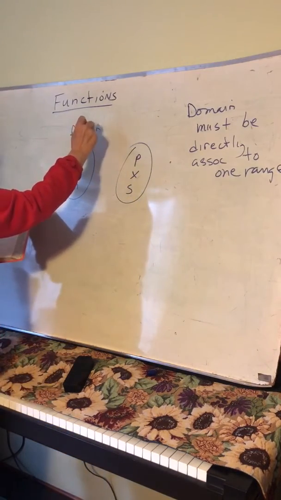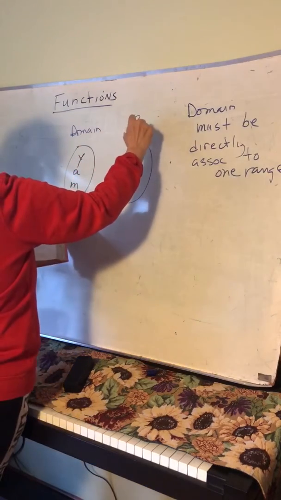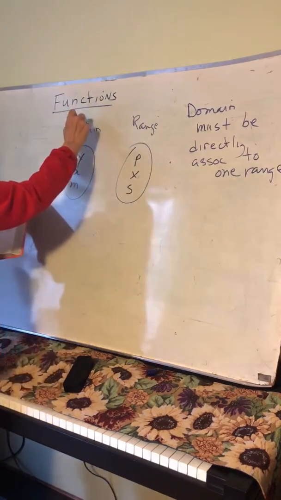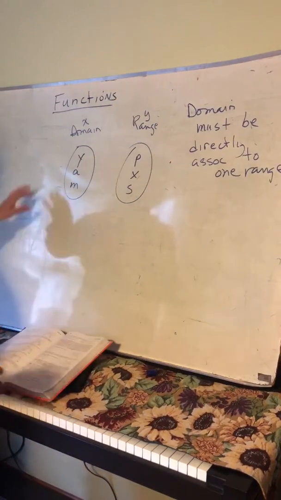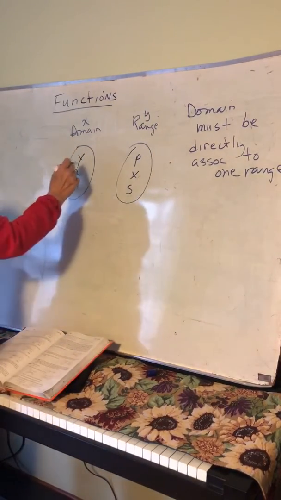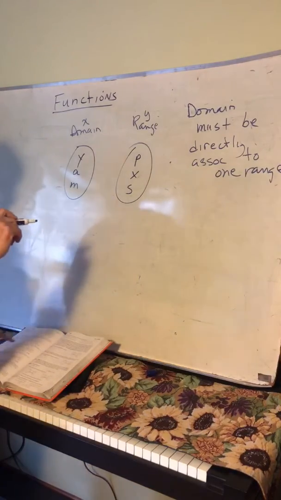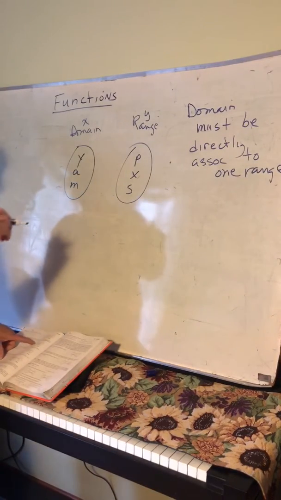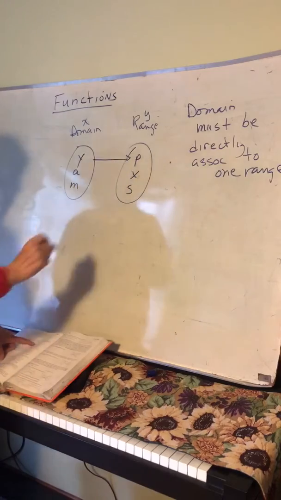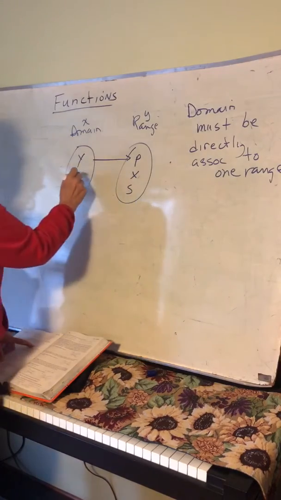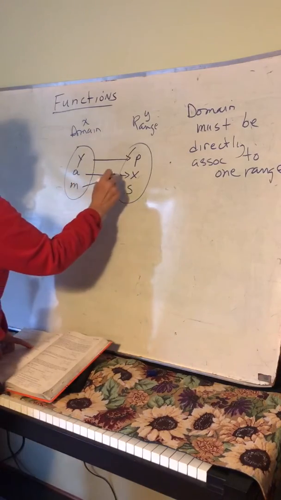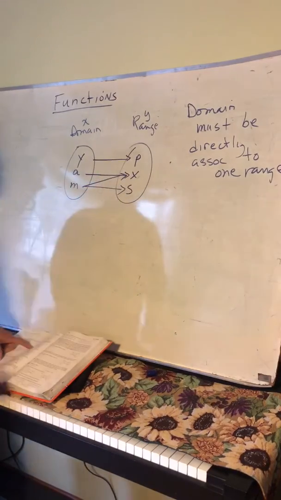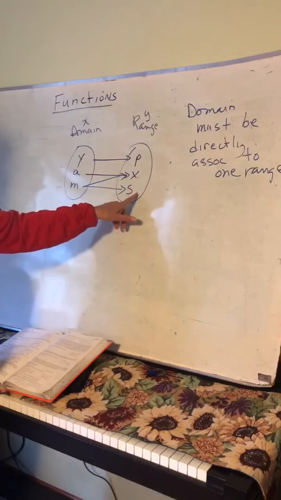The domains are always first, and these are your ranges. X, Y is what they represent. This one relates to P. This one relates to X. But M relates to 2 ranges.